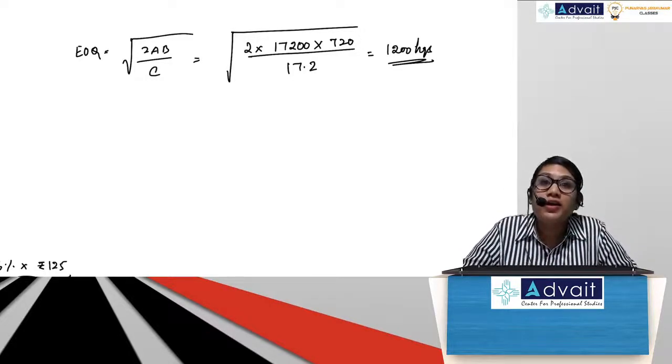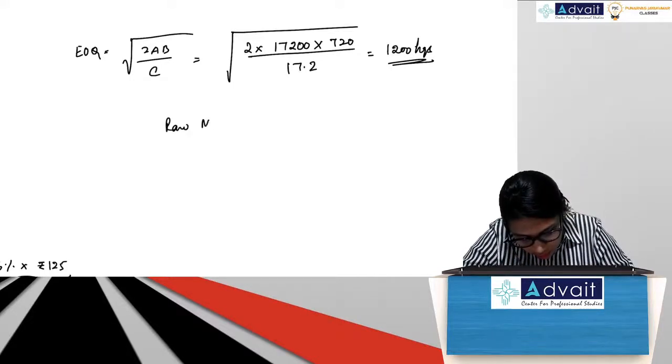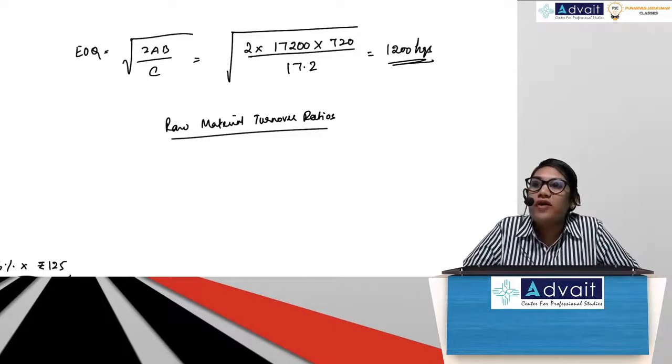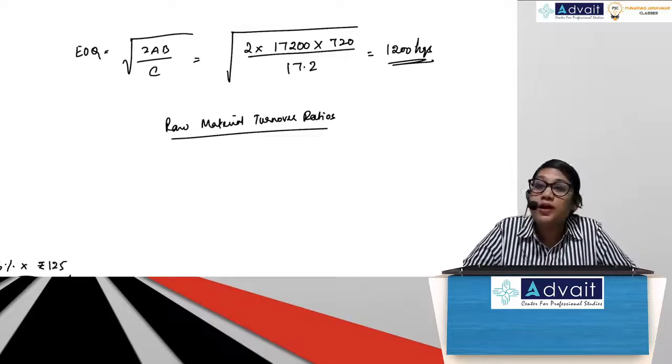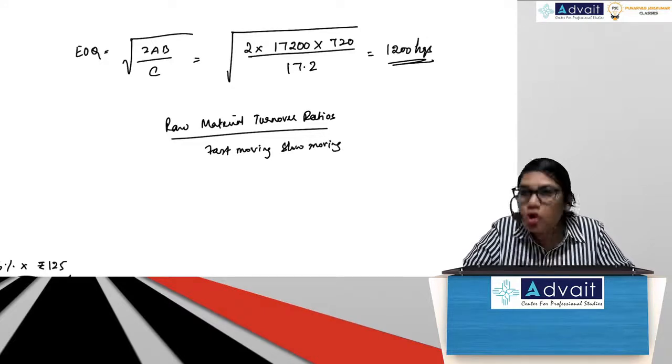Another important technique of material control is determining the raw material turnover ratios. By figuring out your raw material turnover ratio, you can determine if your material is fast moving or slow moving.